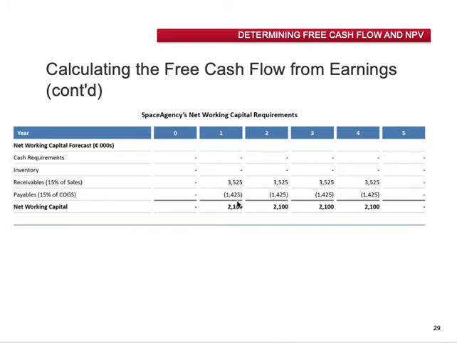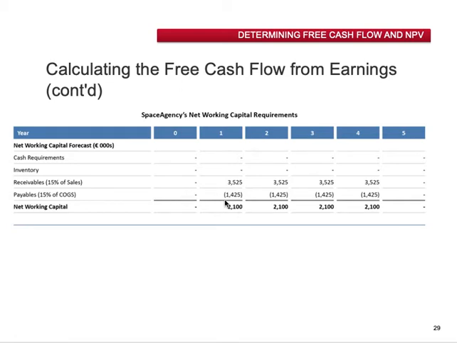Now, in terms of investment and disinvestment in working capital, we have to deduct the net working capital in T1 less the working capital position in T0. Well, in T0 we had nothing. In T1 we had a working capital of 2,100,000. So this is considered an investment. In other words, the 2,100,000 needs to be deducted from your cash flow.